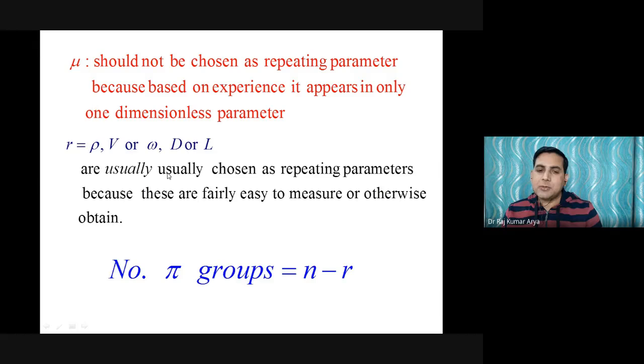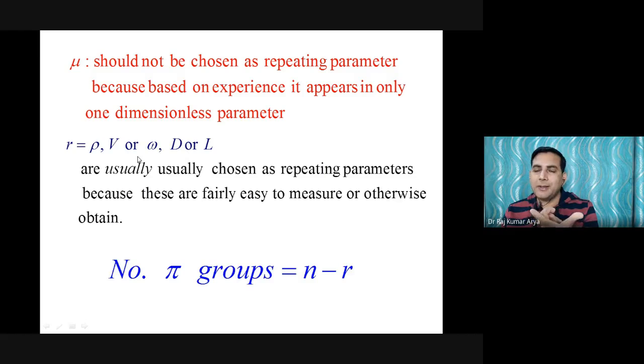As a general rule, these are the repeating parameters: the density of the fluid, and the velocity. Velocity can be either velocity, RPM, or angular velocity; all are the same as velocity only. Then either diameter or length. So these are the guidelines: if you have these parameters in your problem, you straightforward go over this rule.